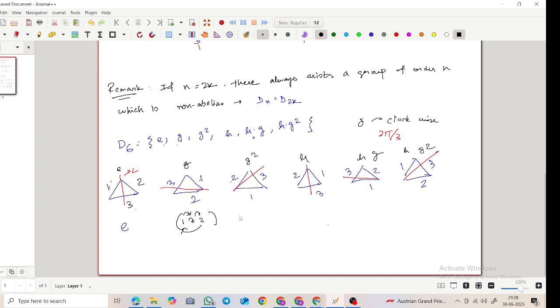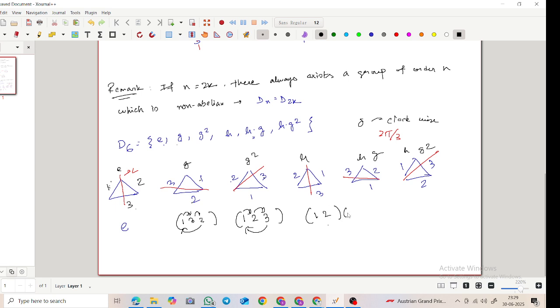Yes. Okay. What will be the cycle of this? So you see 2 is in place of 1, so 1 has gone to 2, 2 has gone to 3, and 3 has gone to 1. Clear? Tell me what is the cycle structure of this? 1 comma 2.